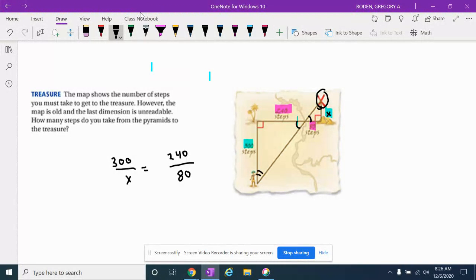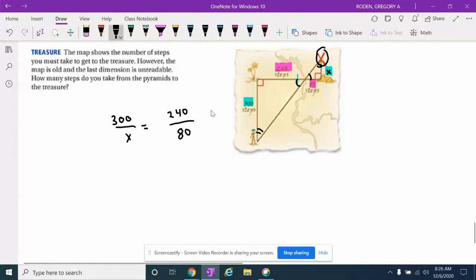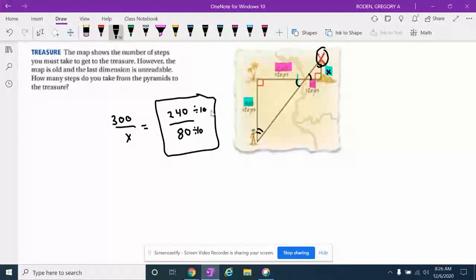Okay? And so now I'm ready to solve the proportion. But before I solve it, these are pretty big numbers, so let me reduce a little bit. Does that sound good? The first thing I notice is I have a 0 and 0. I can divide these by 10 because they both end in a 0. I'm just reducing this fraction right here, pretending the other side doesn't exist for a second.